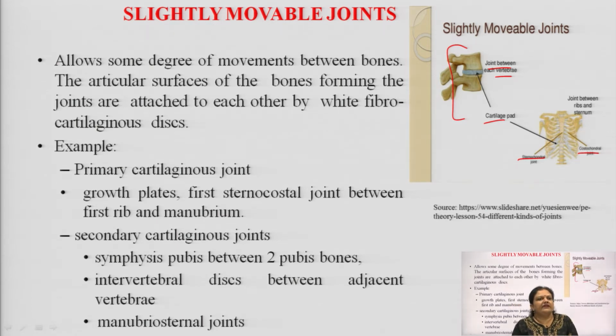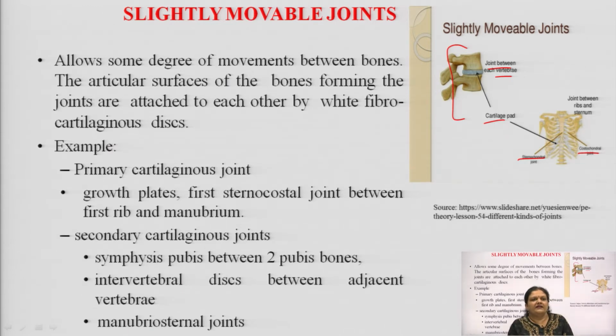These allow some degree, a very small fraction, of movement between two or more articulated bones. The articulating surfaces of these bones forming the joints are attached to one another by a white fibrocartilaginous disc, which in the vertebral column is known as the intervertebral disc.